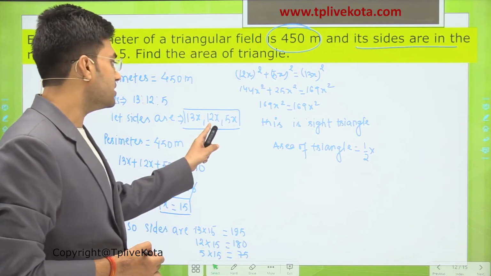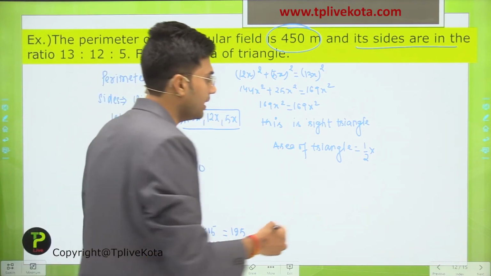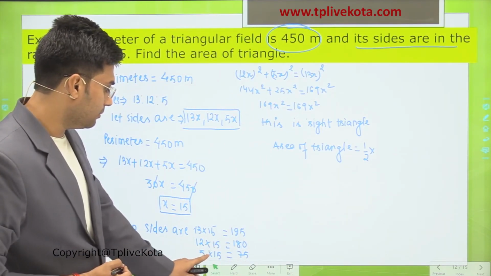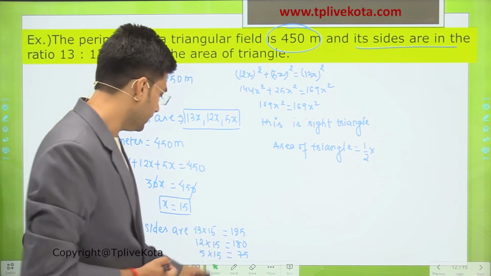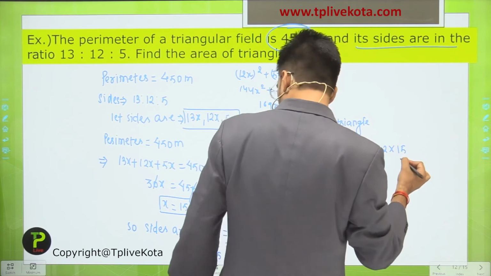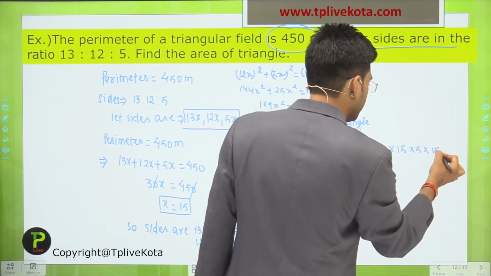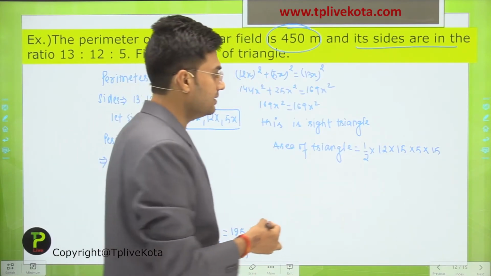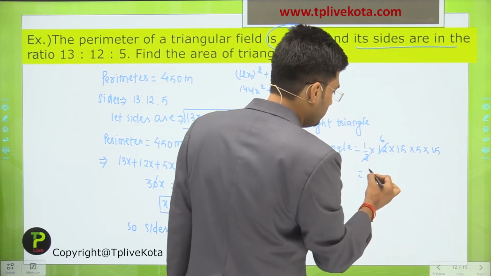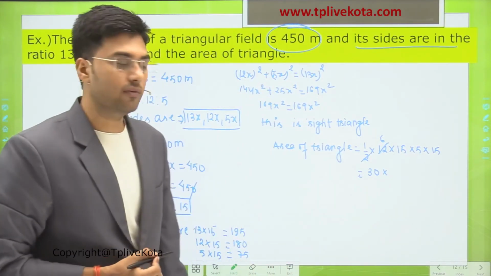So here the base is 12x and the perpendicular is 5x. So we can say that the area of this triangle is half multiplied by 12 multiplied by 15 multiplied by 5 multiplied by 15. So we can cancel this 12 by 6 times. So it is equal to 30 multiplied by 15 multiplied by 15, and 15 square is what?